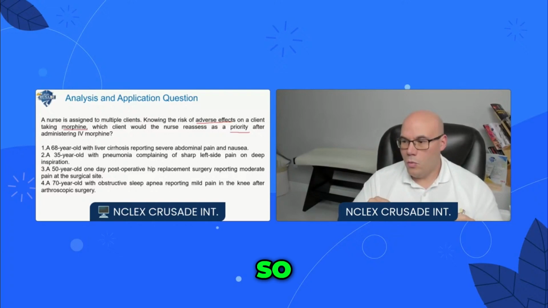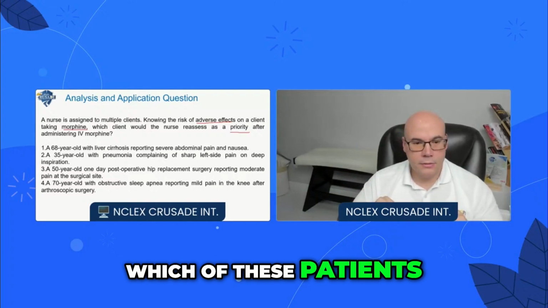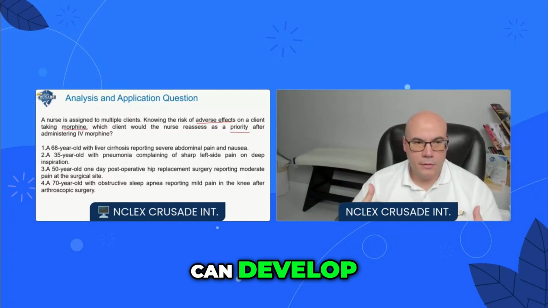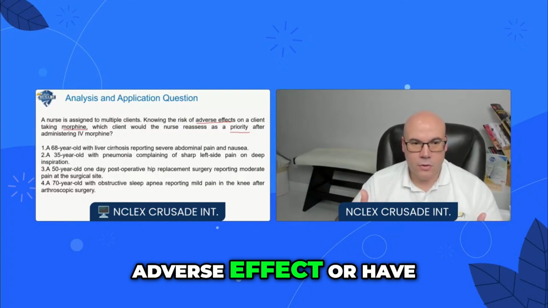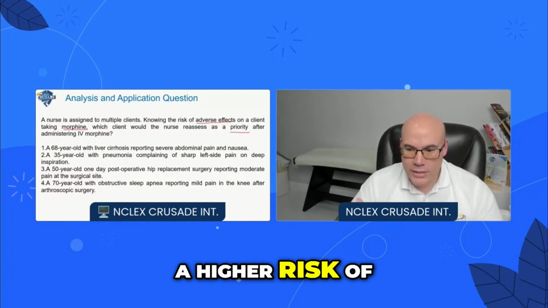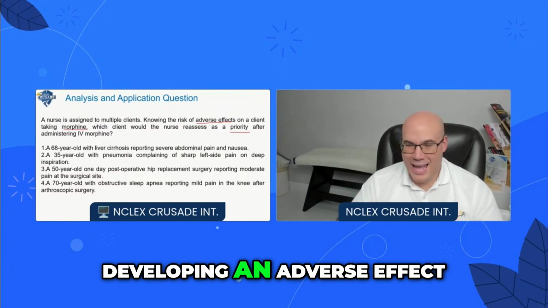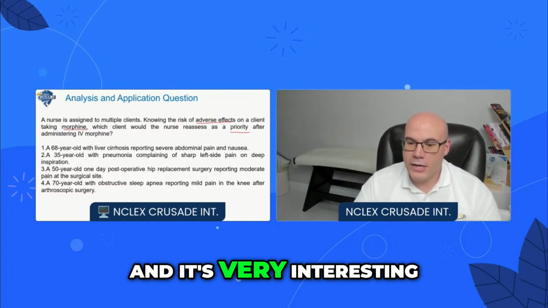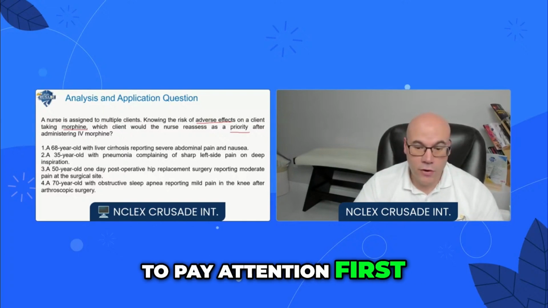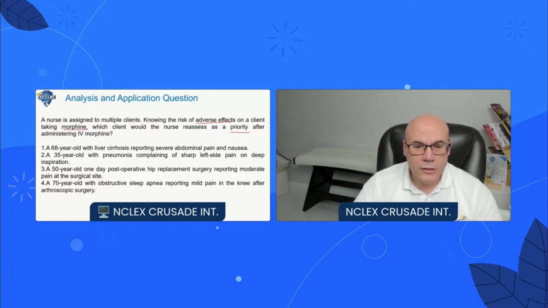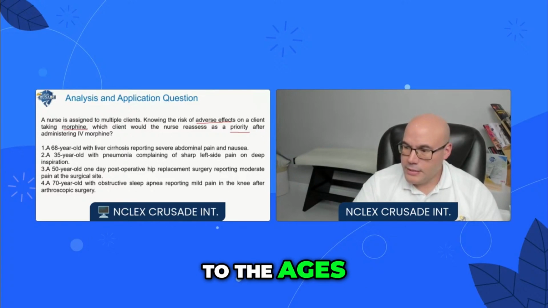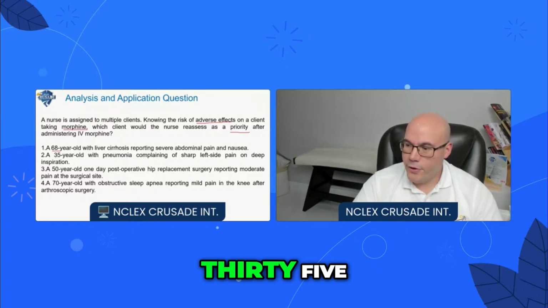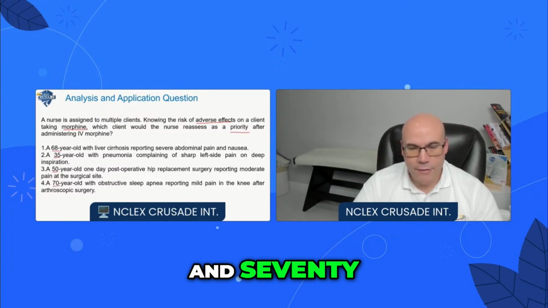So which of these patients can develop adverse effect or have a higher risk of developing an adverse effect of morphine? And it's very interesting to pay attention first to the ages: 68, 35, 50, and 70.